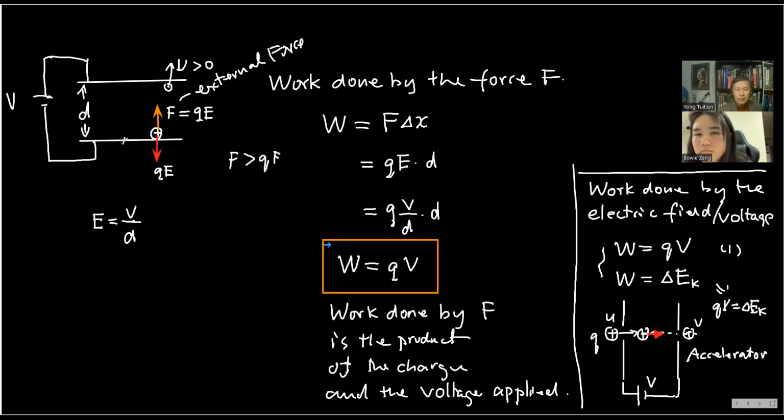This time we move the positive charge from negative to positive, so we have to overcome the electric field force. Now in the accelerator, we just let the charge be accelerated, from positive to negative.